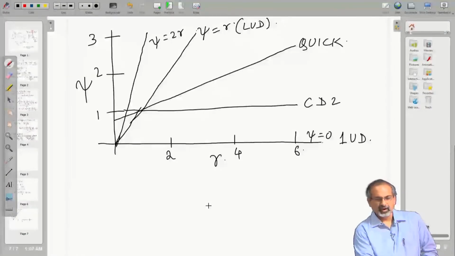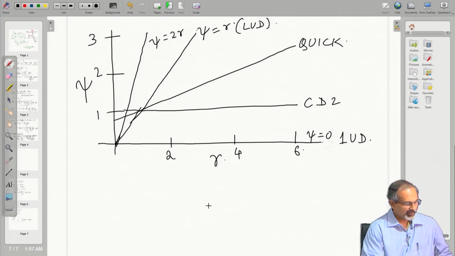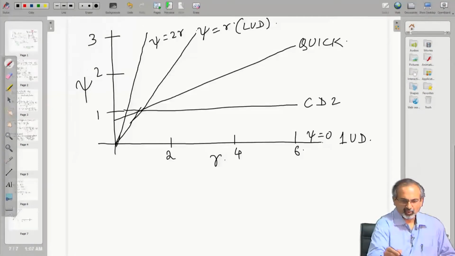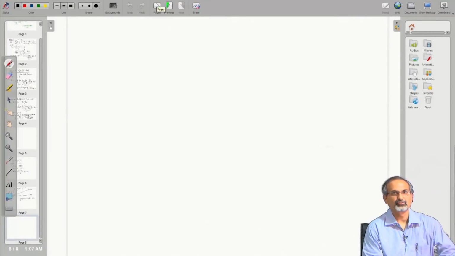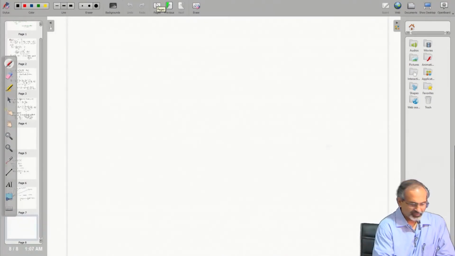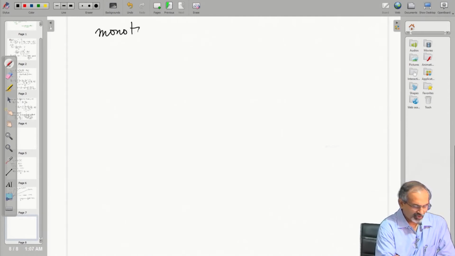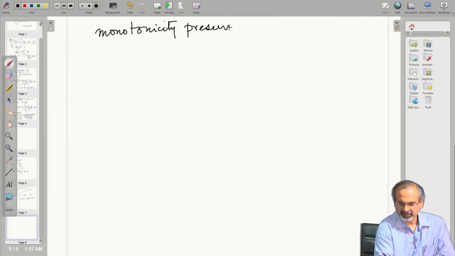Now, how can we define a region in this psi r plane so that we can get schemes which are devoid of oscillations? Now, what are the properties that oscillation free schemes have to satisfy? So, if you look at that, we come to the property of monotonicity preserving schemes.